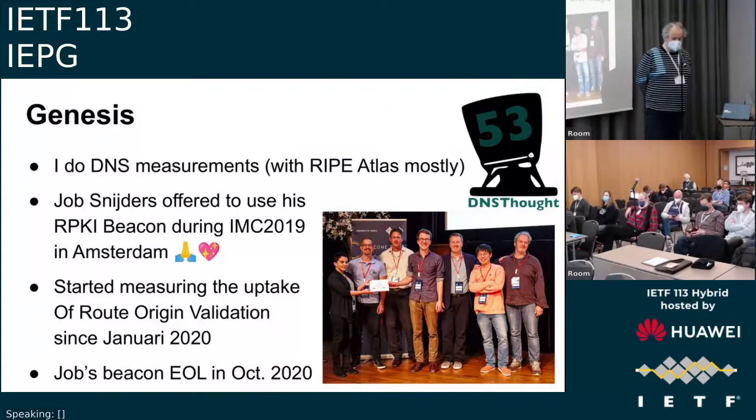And we started to do the measurements to measure the uptake of route origin validation of DNS resolvers since 2020. But unfortunately, the beacon didn't stay for a very long time, almost 2 years, but we had to look for another beacon. So yeah, that's the reason for this effort. Next slide, please.